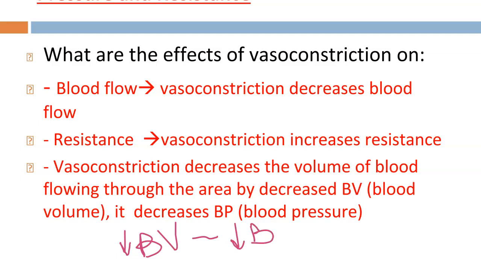You can start thinking about these again as a hallway through which runners are running. If you make the hallway smaller, fewer people at a time can run down the hallway. Therefore, because there are fewer people, there is less chance of them bumping against each other and against the walls of the blood vessel. Therefore, blood pressure decreases.